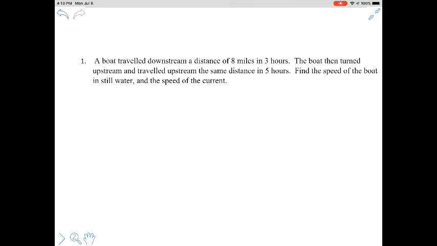So the typical way to approach these is, since they're asking for 2 different things, the speed of the boat and the speed of the current, is just have 2 variables. So I'm going to first get a pencil, let x be, what are they asking for? Speed of the boat.